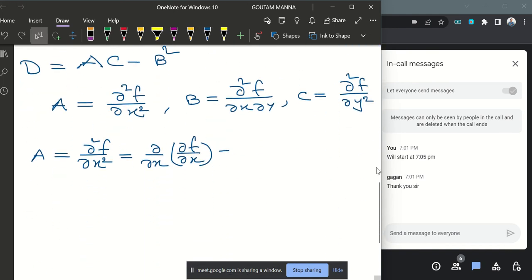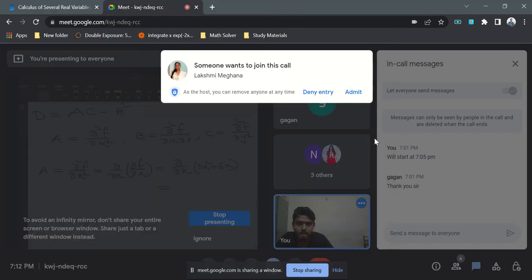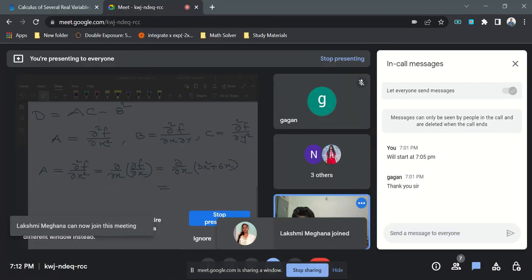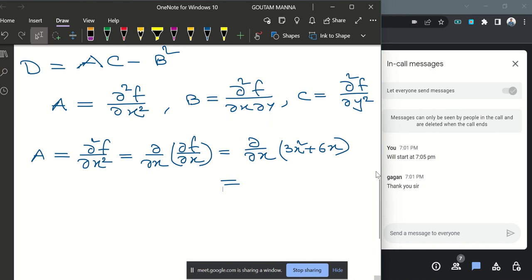So it is del x of 3x square plus 6x, that is 6x plus 6.